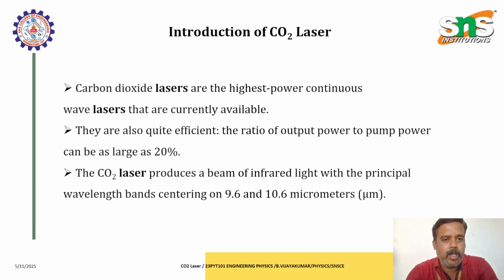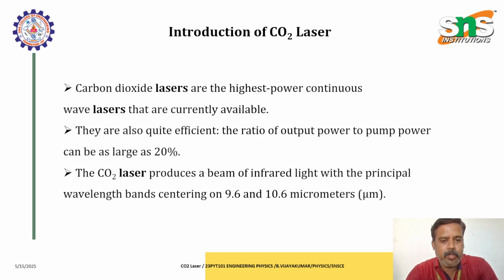The carbon dioxide laser is the highest power continuous wave laser, and its efficiency is quite high compared to other types of laser. The ratio of output power to pumping power is greater than 20% compared to other types of laser.